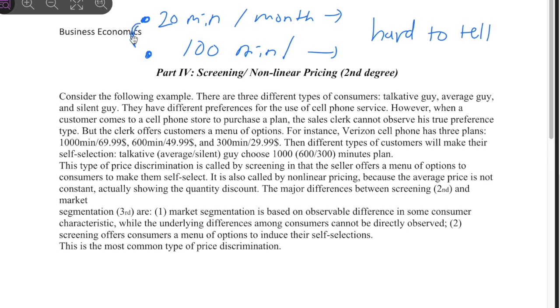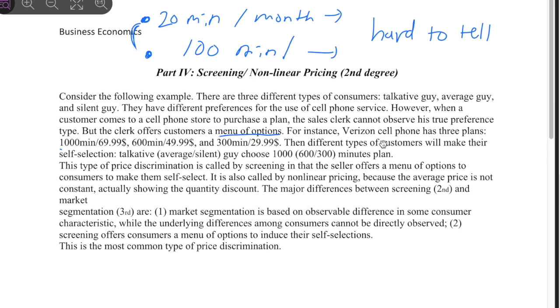So what they do is they have multiple plans that we can choose from, a menu of options. The first plan is 1,000 minutes per month, and you only pay $69.99 a month. The second plan is 600 minutes for $49.99, and the third one is 300 minutes for $29.99.